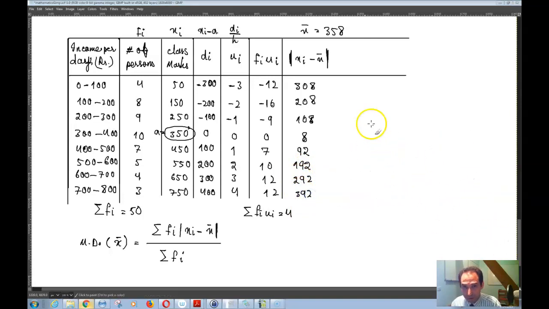So that's the absolute value of x of i minus x bar.